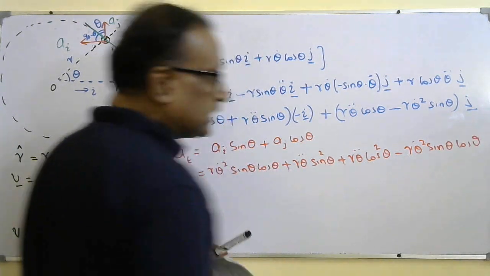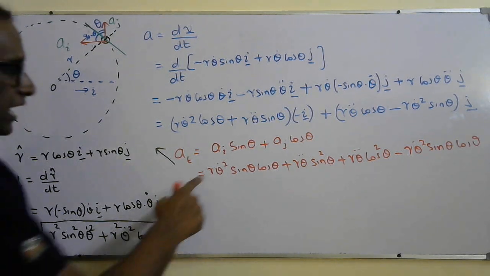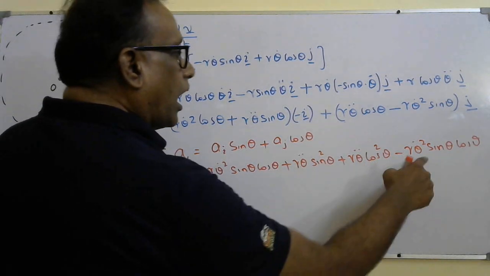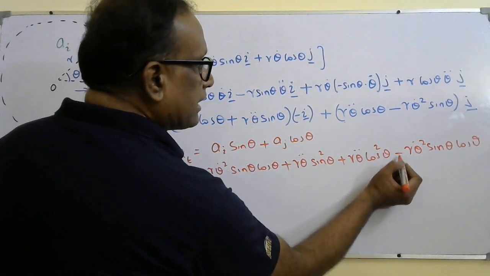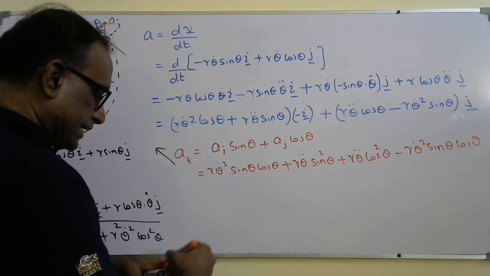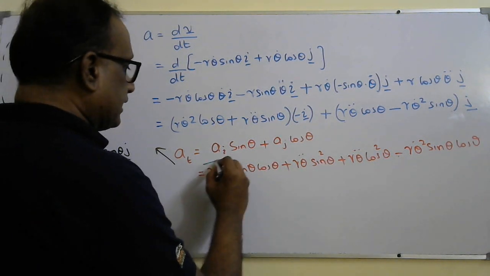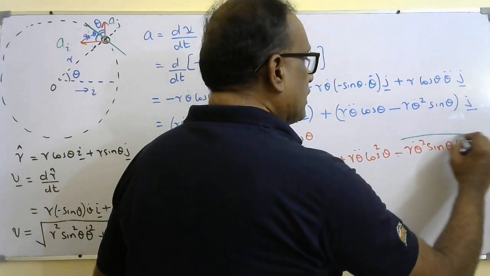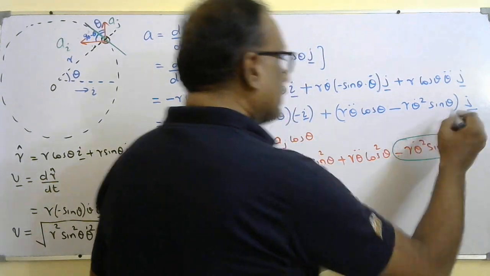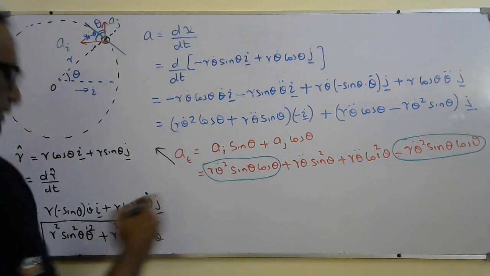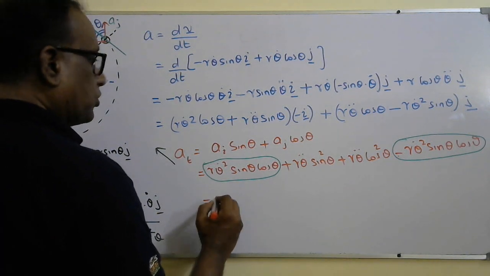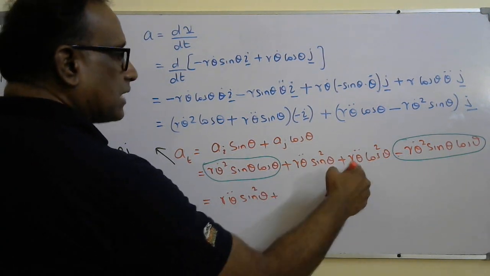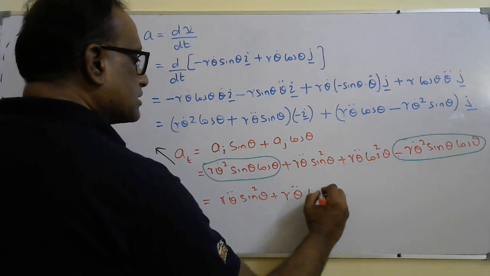So this is the acceleration along the tangent. Here you can see r theta dot squared sin theta cos theta with a minus sign, and r theta dot squared sin theta cos theta with a plus sign, so these two are going to cancel. What remains is r theta double dot sin squared theta plus r theta double dot cos squared theta.